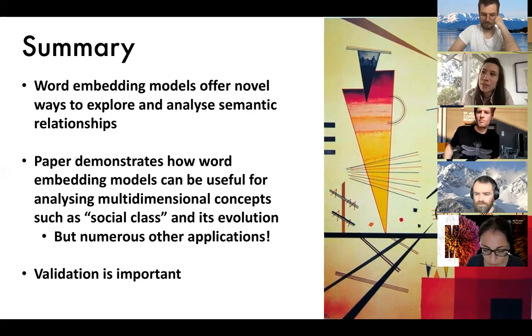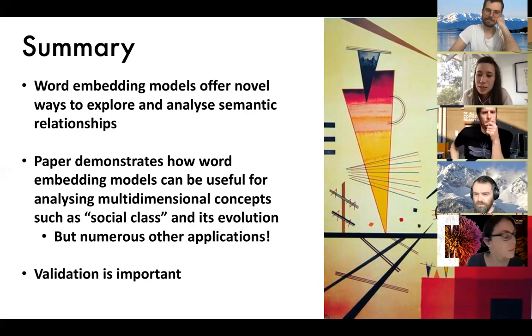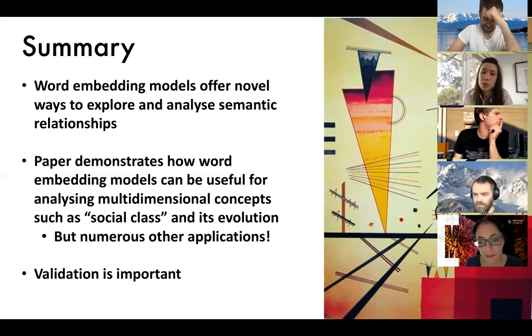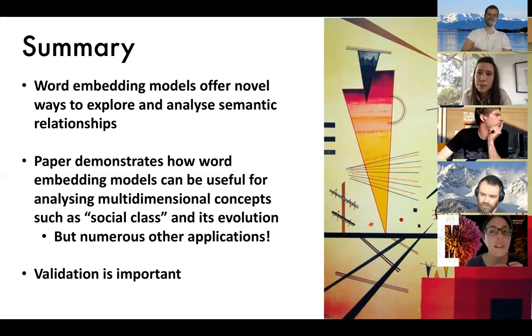Here we've really only focused on the word2vec model, but as Satya and others have mentioned, there are a number of others that have been developed more recently and are good for capturing different things. I think overall the paper does a pretty nice job of demonstrating how these approaches can be quite useful for analyzing multidimensional concepts such as social class, and providing a methodology for constructing dimensions of interest through antonym word pairs.